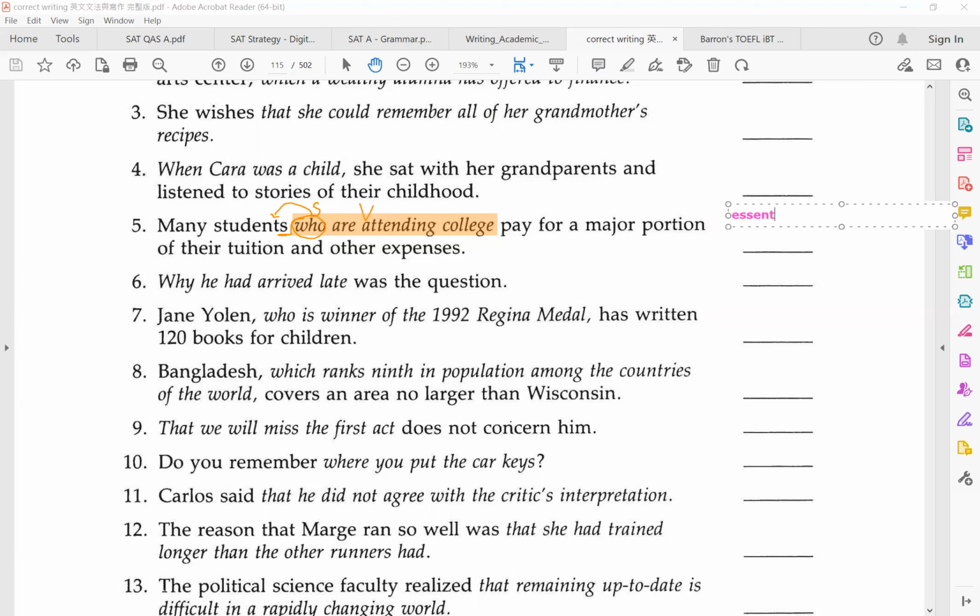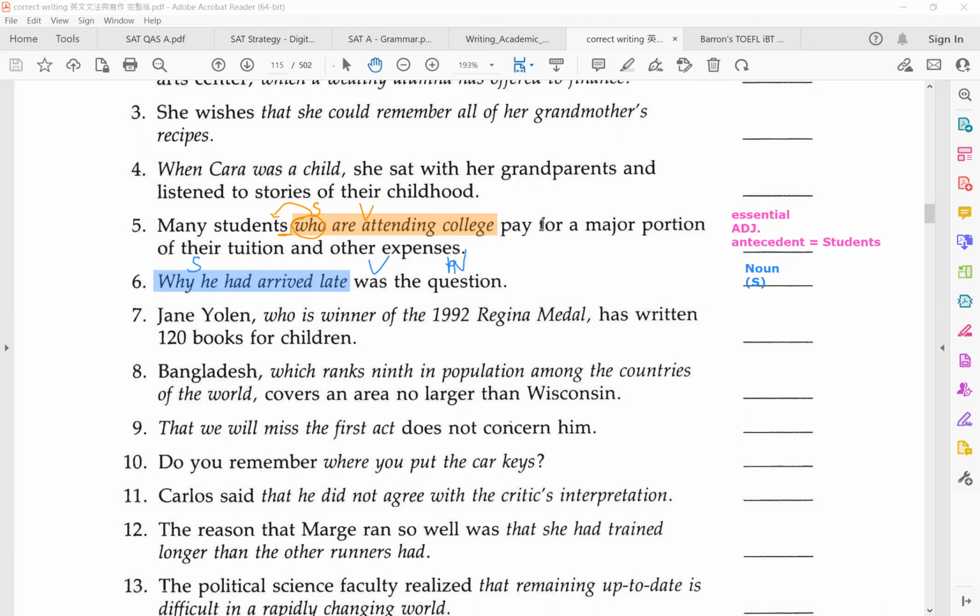So this is essential adjective clause, modifying antecedent, students. Okay, so number 6, this is a good one. Why he had arrived late. So do you see how this was the question? So in this case, this is our noun clause serving as the subject of the sentence because it comes before the verb.